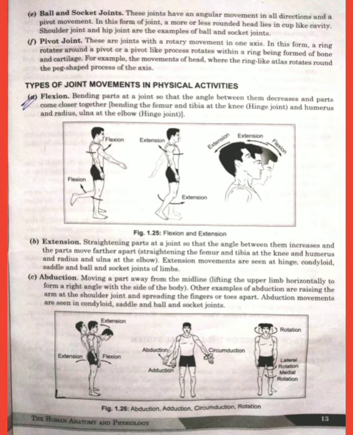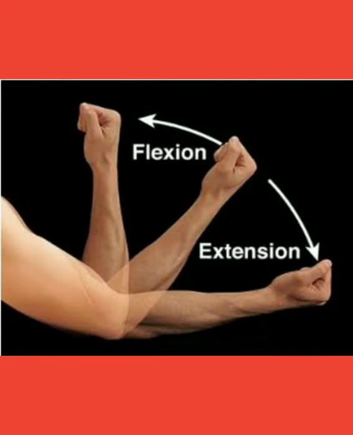For example, movements of head. So we have already read about atlas and axis, which is present in the vertebral column. So at the top of the vertebral column, there is a ring-like bone called atlas that rotates around the peg-shaped bone called axis.